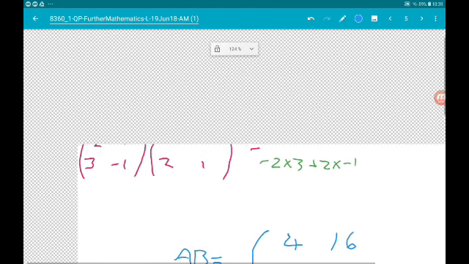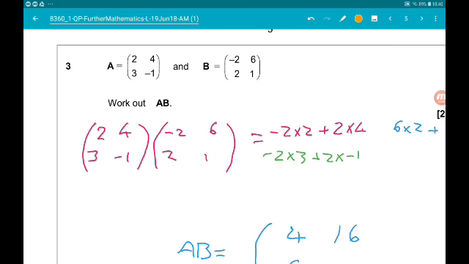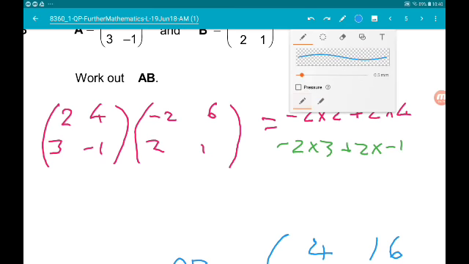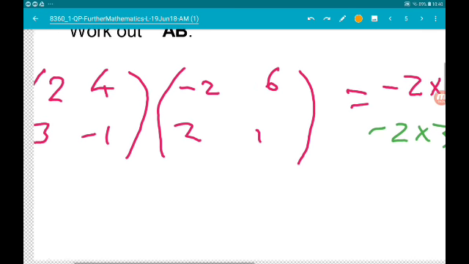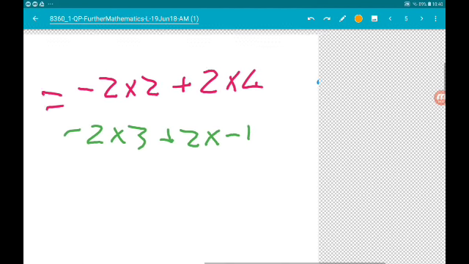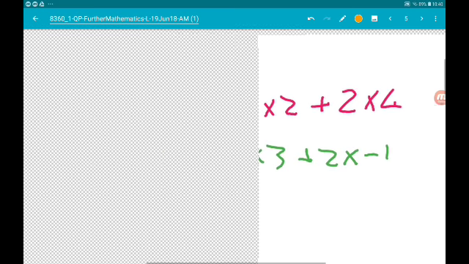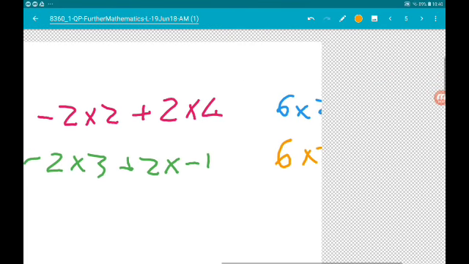And then the final element is the second column multiplied by the second row. So we're going to get 6 times 3 and then add 1 times minus 1.